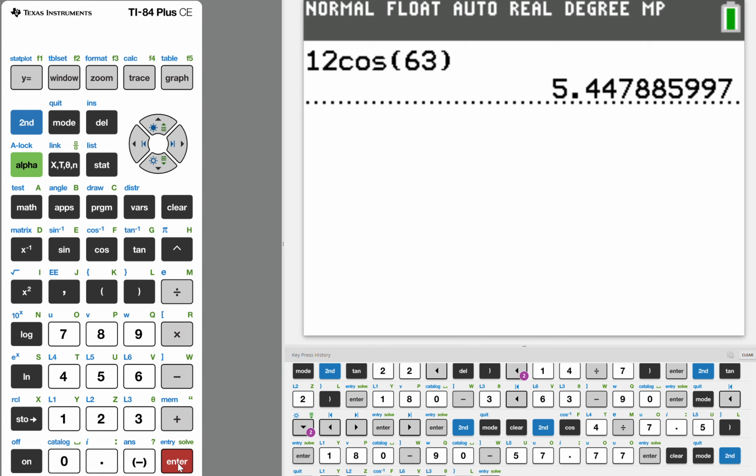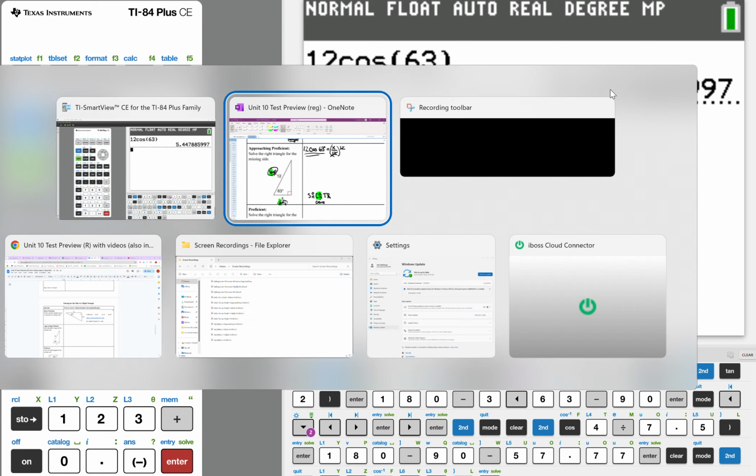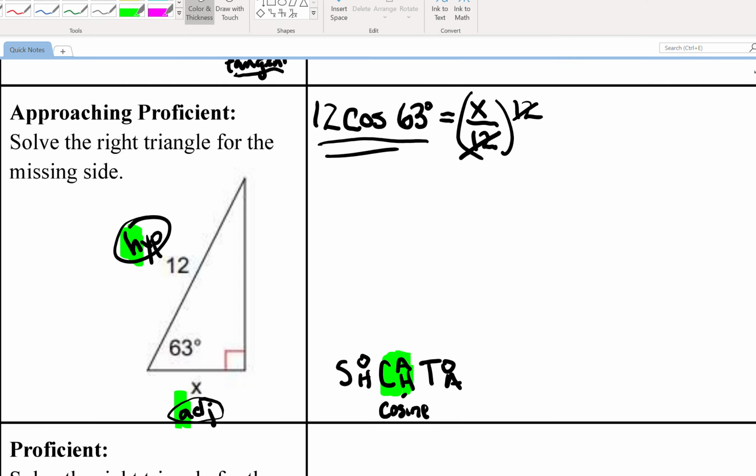Rounding to the hundredths place, that's 5.4, and that 4 with the 7 right next to it rounds to 5. So it's 5.45. X then is approximately equal to 5.45.